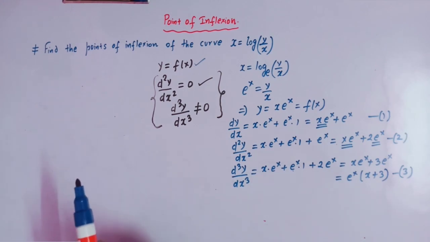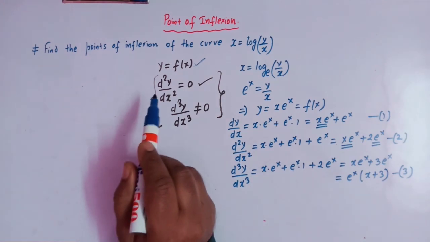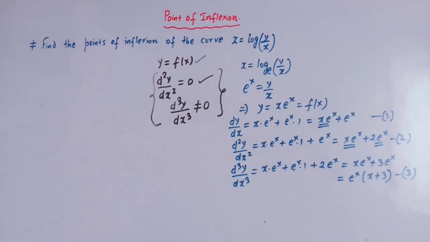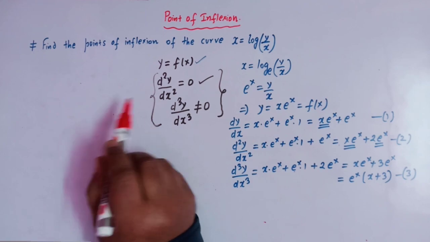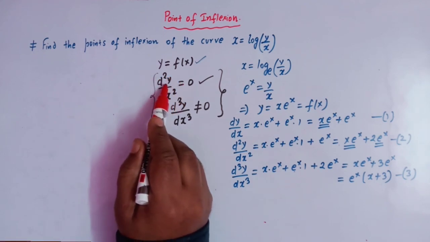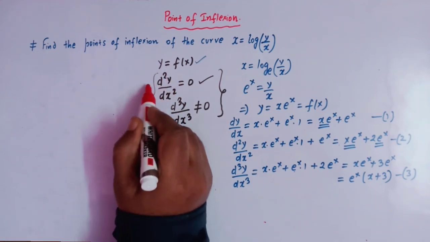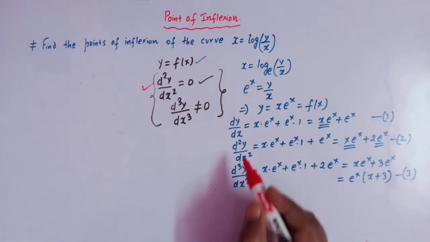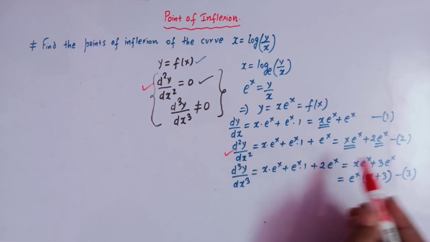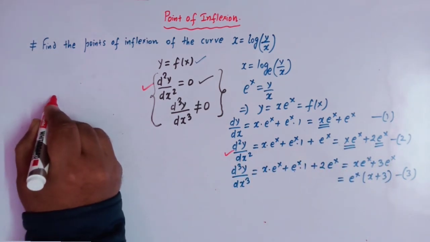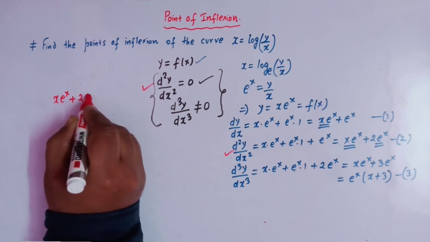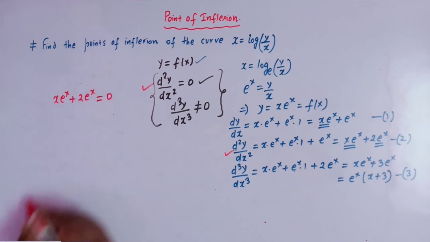Now to find out the points of inflection, let us apply the conditions. The necessary condition for the point of inflection to exist is that the second derivative should be equal to 0, right? So here we have the second derivative, which is x e raised to x plus 2 times e raised to x is equal to 0.